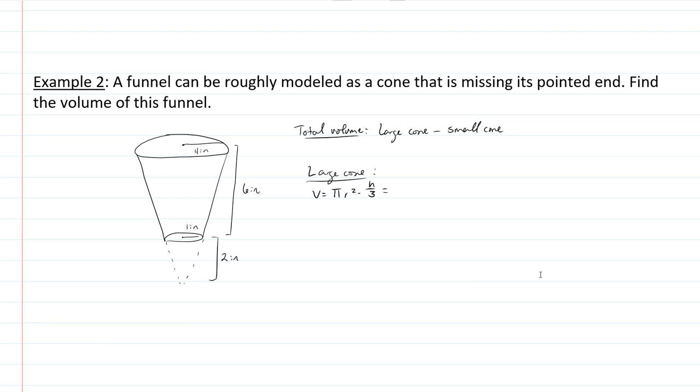And plugging in our values from what we see there, the radius of the larger cone, and by larger I mean this big cone, is 4. And the height is going to be 6 plus 2, so 8, over 3.